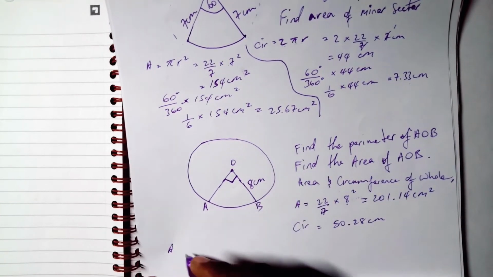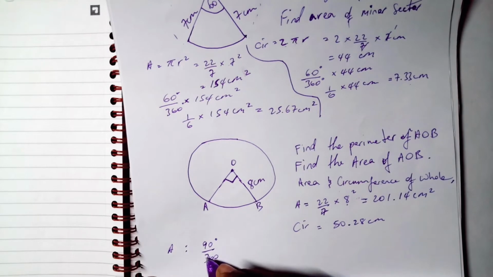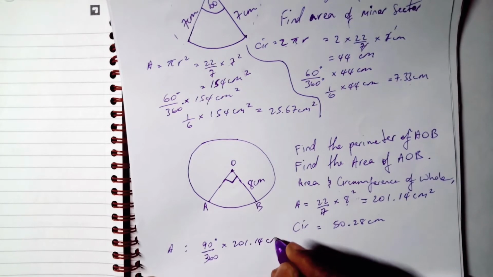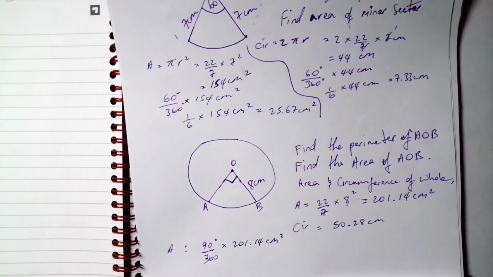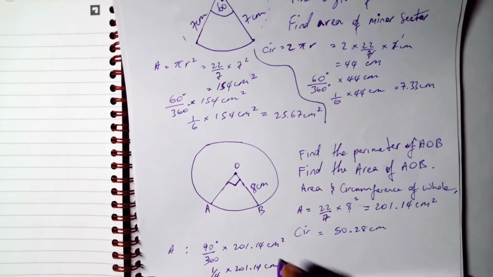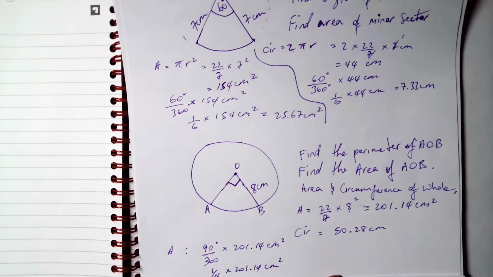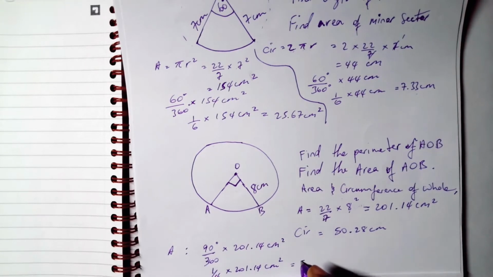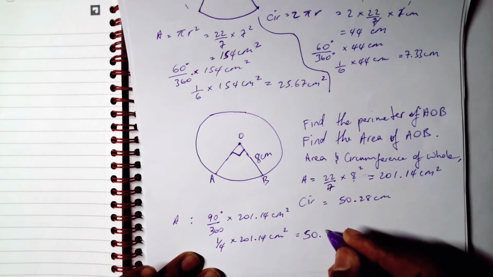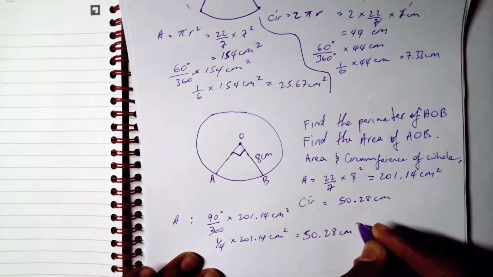So now we can find the area of our minor sector, or AOB. The area of our minor sector is going to be 90 degrees over 360 degrees multiplied by the area, which is 201.14 centimeters squared. This is going to be 1/4 times 201.14, and the result will be 50.28 centimeters squared.